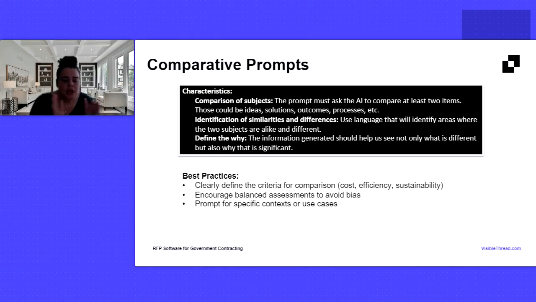Comparative prompts focus on asking the AI to assess, contrast, and analyze two or more concepts. Here we're looking for more of an analysis than just creating content. Now, you can use a comparative prompt to create content that will be used at some point in your process, but you can also use it just for part of your analytic and review process.